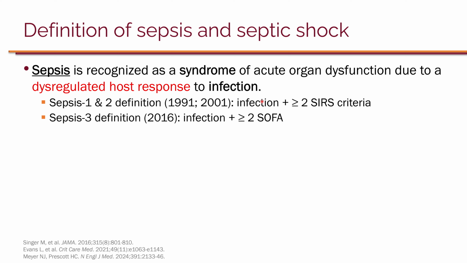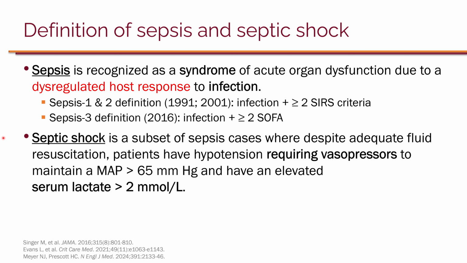The same definition continued in the second version of the sepsis definition in 2001. However, the Sepsis-3 definition, which was developed in 2016, significantly changed this definition. Essentially, a suspected infection plus a SOFA score of 2 or more, which again I will discuss shortly. So that's the definition of sepsis.